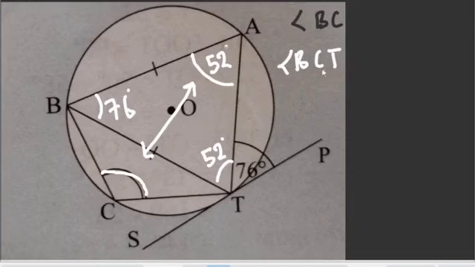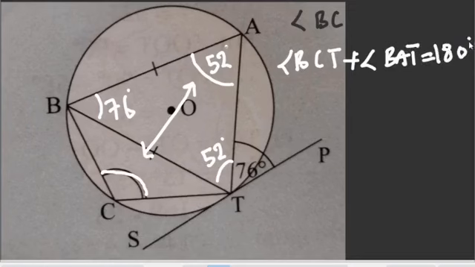So angle BCT plus angle BAT should give us 180 degrees.